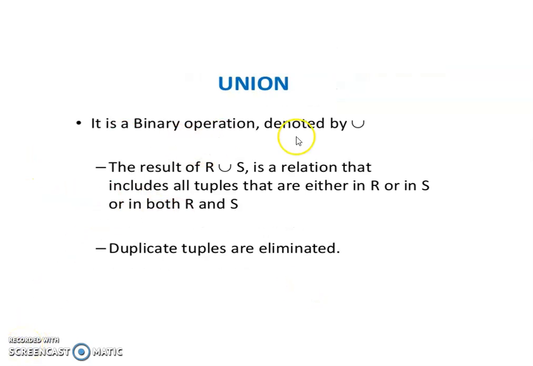Union is a binary operation that is denoted by this symbol. The result of R union S is a relation that includes all tuples that are either in R or in S, or in both R and S, and duplicate tuples are eliminated in union.